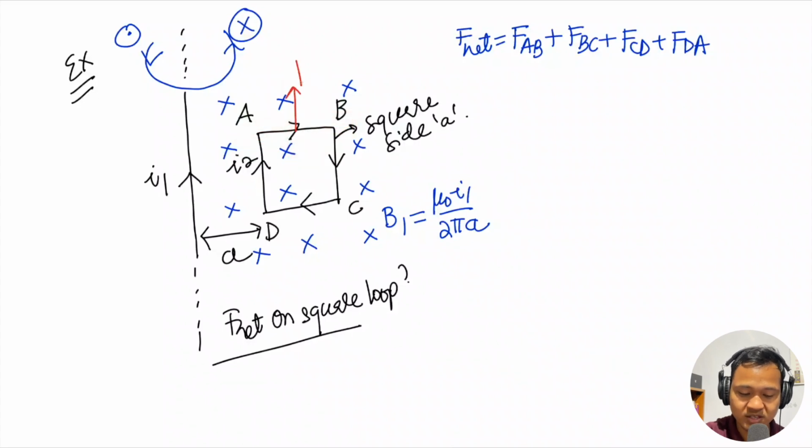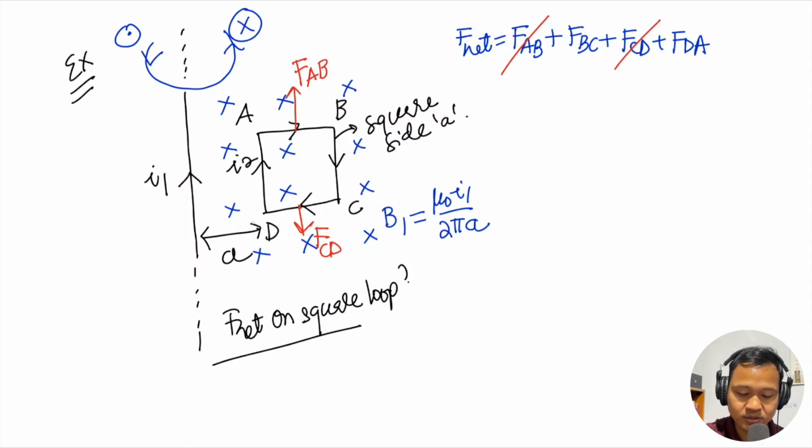FAB is upward. For CD, L cross B will be downwards, so force on CD is downward. They are in opposite directions, so AB and CD are equal and opposite, and they get cancelled out.